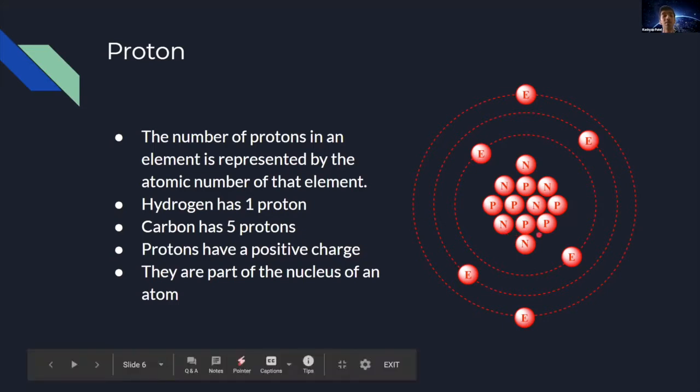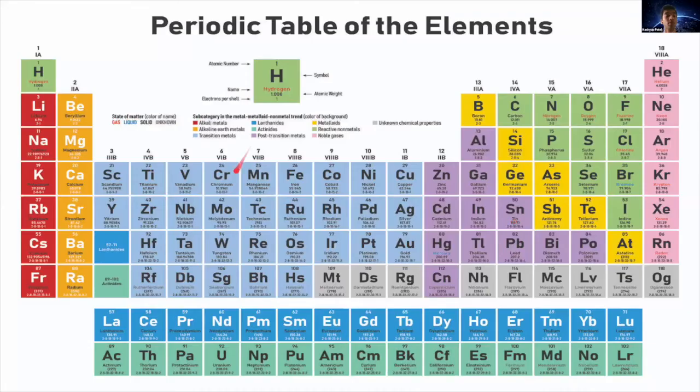And why is the amount of protons important? It's because the number of protons in an element is the atomic number of that element. If we go to the periodic table of elements, above each element symbol, there's a number.